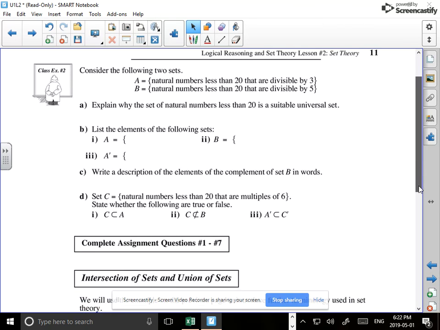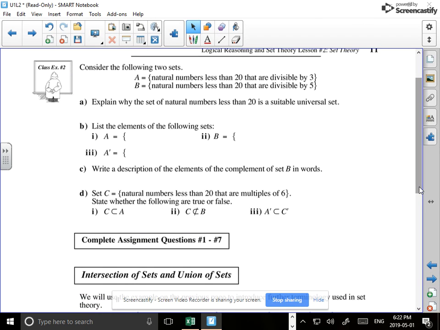So if we're looking at these two sets here, A is natural numbers less than 20 divisible by 3. B is natural numbers less than 20 divisible by 5.